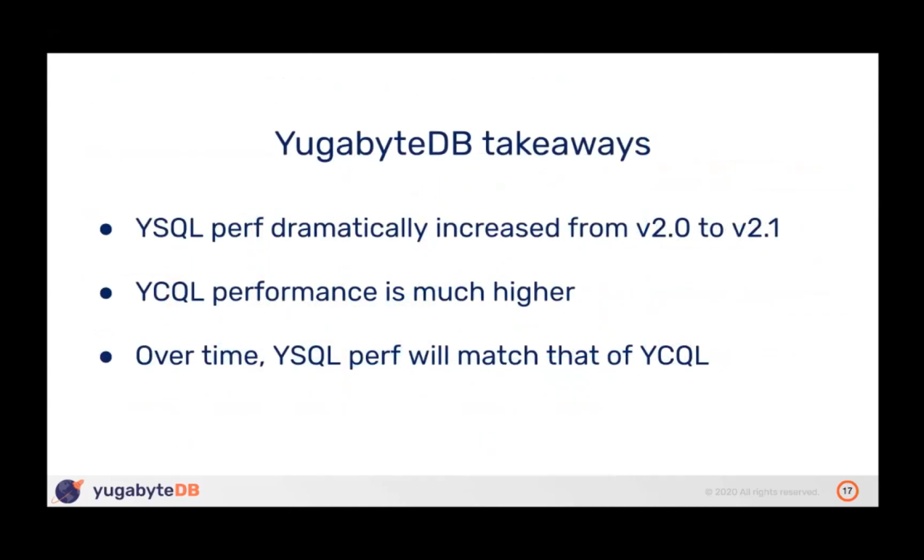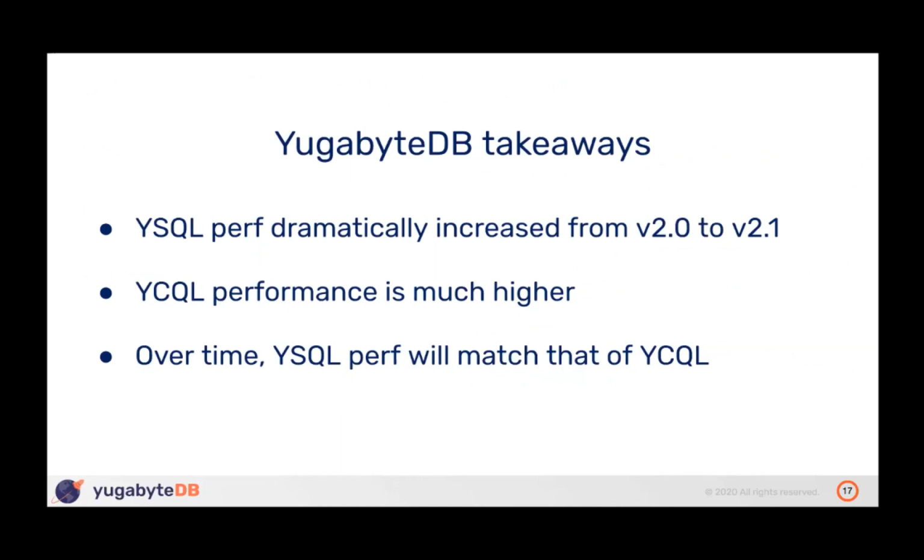Okay, so with Yugabyte's DocumentDB-like core storage model, a couple of takeaways: both YSQL and YCQL are pretty much stateless query layers that run on the same document core. So the key things to take away from the Yugabyte side are that the YSQL performance dramatically increased from the 2.0 to the 2.1 version, and we are expecting to make similar jumps going forward. The YCQL performance is much, much higher than both YSQL and CockroachDB.